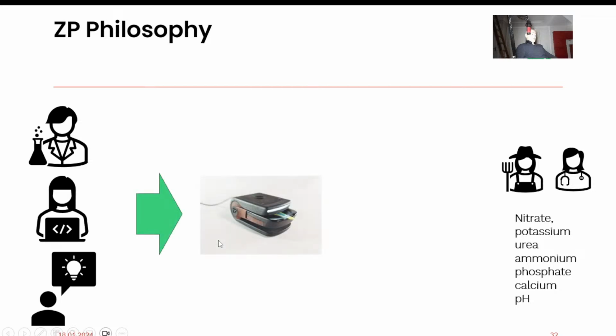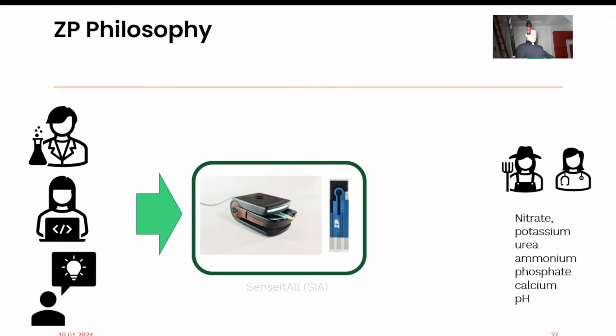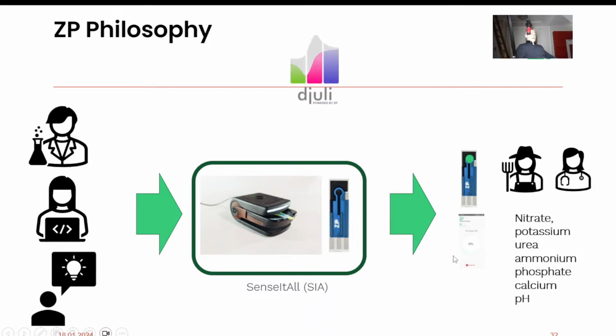And so we've got this SenseItAll technology because it basically moves people from ideas to actually being able to deliver something quite tangible really quickly. Because we have a whole bunch of sensors, we have the SenseItAll platform, we can move all of our sensors onto that SenseItAll platform, and we can deliver the SenseItAll platform plus sensors to you, the developer. At which point then you can actually give it to the end users and they can start to use it.